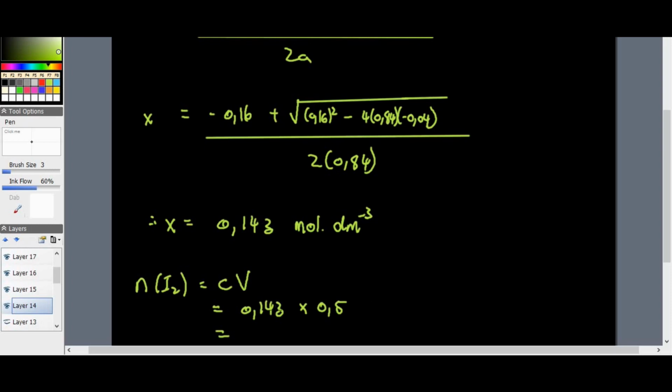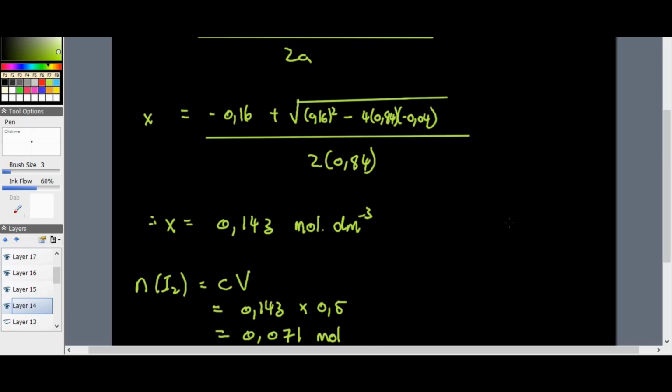If you just take this number times that, you'll get 0,072 mole, and they'll still mark it right, but if you want the same accurate answer, it'll be 0,071 mole if you use the entire 0,14285. Okay, and that's our final answer using the concentration method.